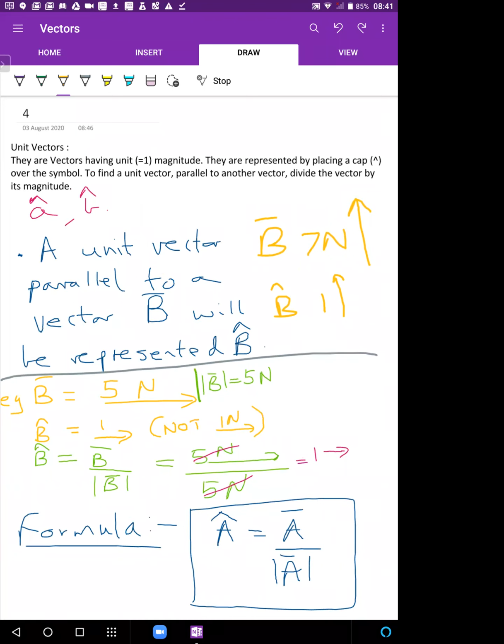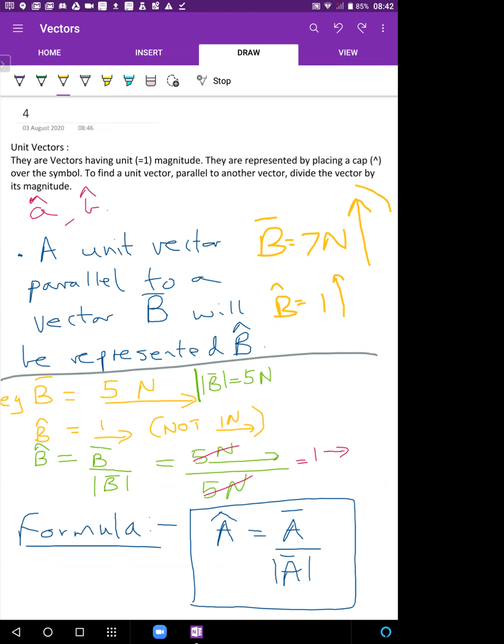If you look at this example, I try to explain 1 upwards. That is a vector. B cap is 1 upwards. It has magnitude 1 and some direction. So that is our unit vector. Any vector with just magnitude 1, no units, just 1, is a unit vector.